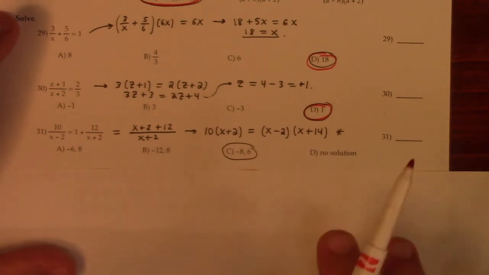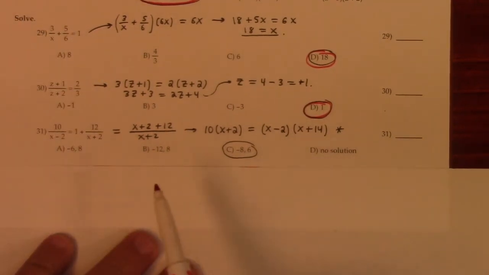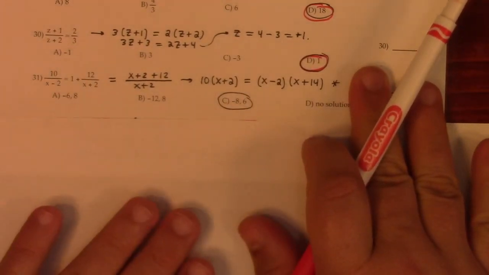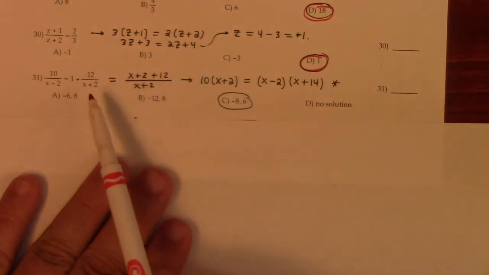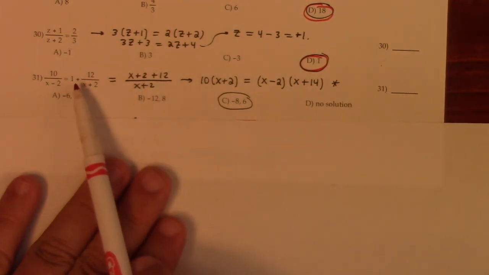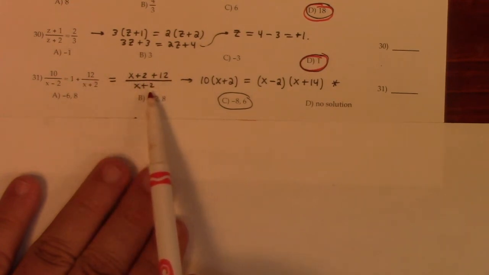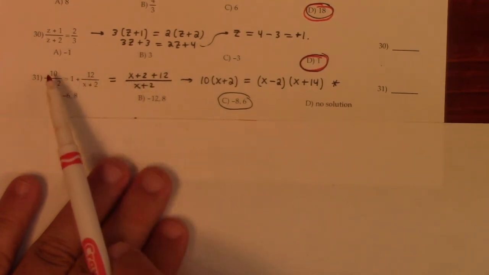Next up here, this one. My first move here was to make a common denominator so I could add. So I just changed that 1 to x plus 2 over x plus 2. So this becomes x plus 2 plus 12 over x plus 2. And then I can cross multiply.